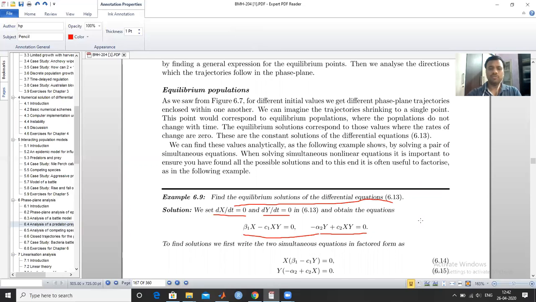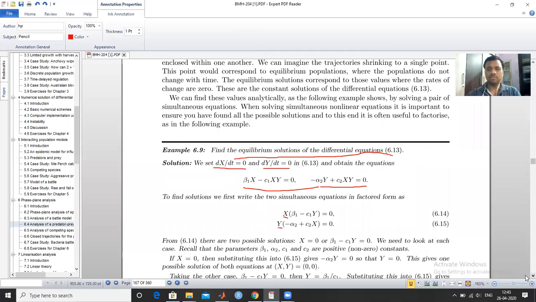If you take x common from the first equation and y common from the second equation, the first equation tells you either x is 0 or the other component is 0, because the product is 0.